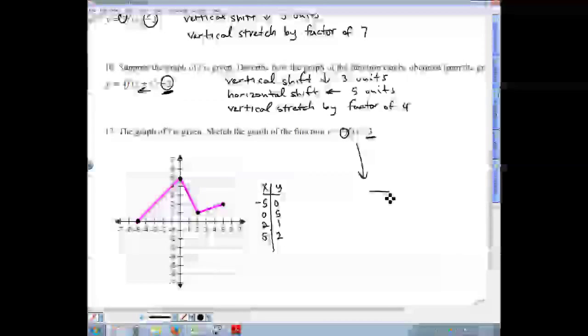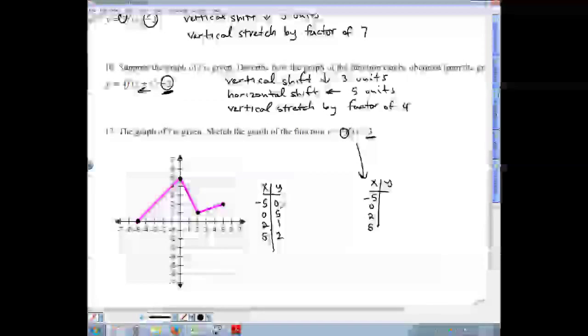So if we were to make a new table of values, nothing happens to the x values. The y values change. You add 3 to them and then make them all negative. Now you got to do things in the right order of operations. You multiply here by the negative before adding the 3.